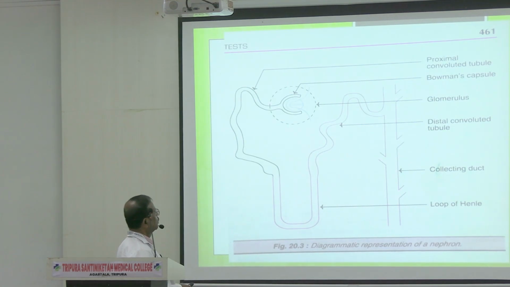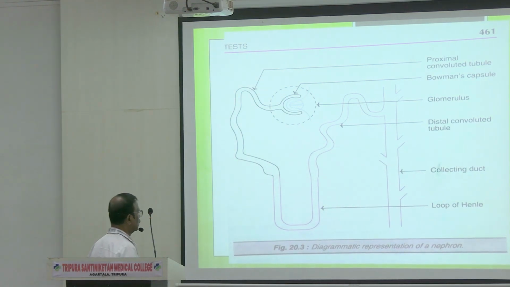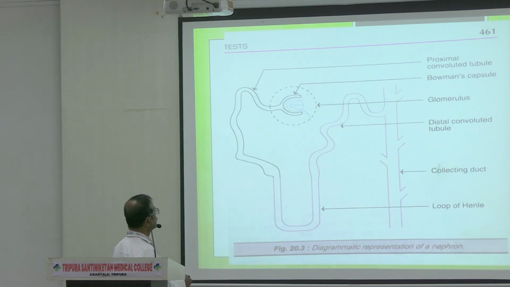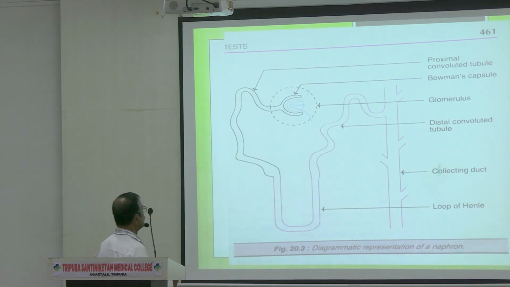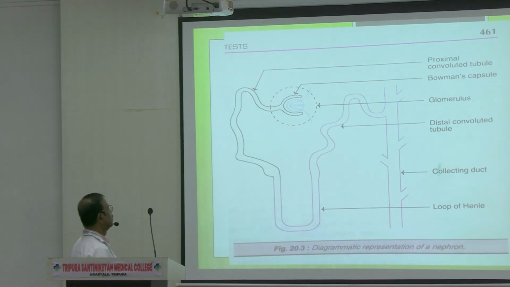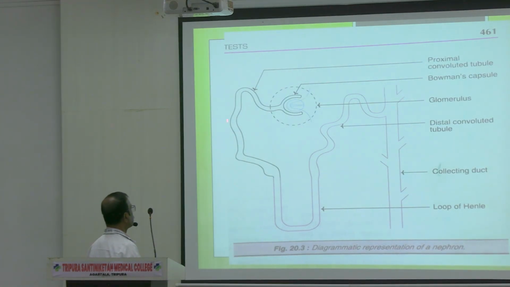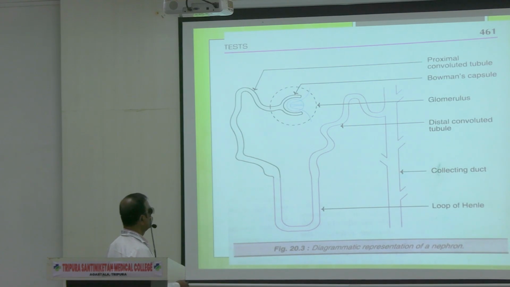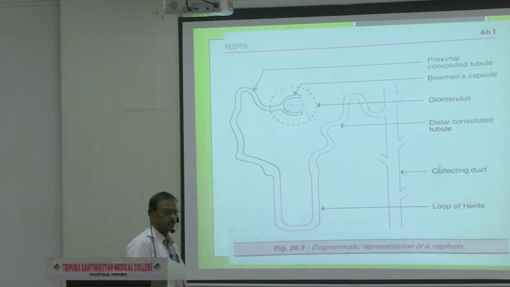Here is a diagram of nephron. Nephron has main 4 parts. This is the glomerulus. This is the proximal convoluted tube, loop of Henle, distal convoluted tube, and collecting tubules.